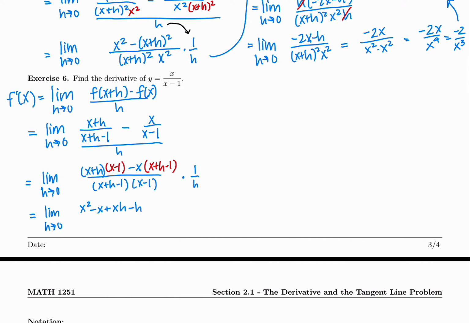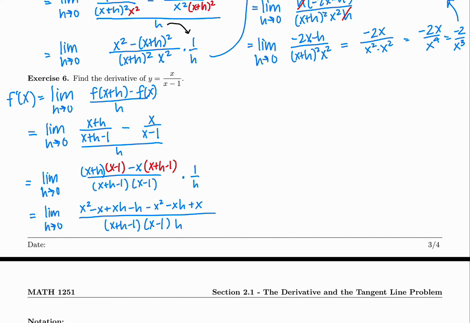And now I'm going to distribute that minus: minus x squared minus xh plus x, all over, rewriting that denominator, x plus h minus 1 times x minus 1, and that 1 times h, well, that h can just go down there now. Multiply it in, make life a little bit simpler.